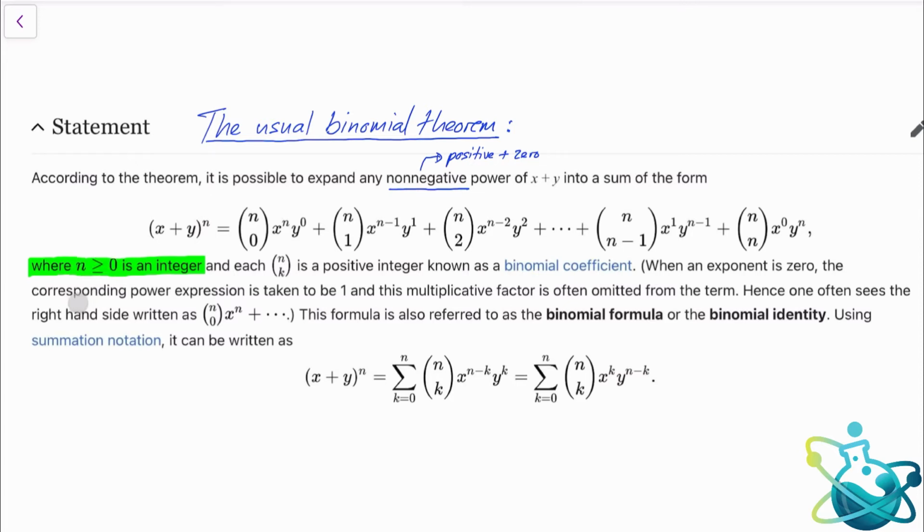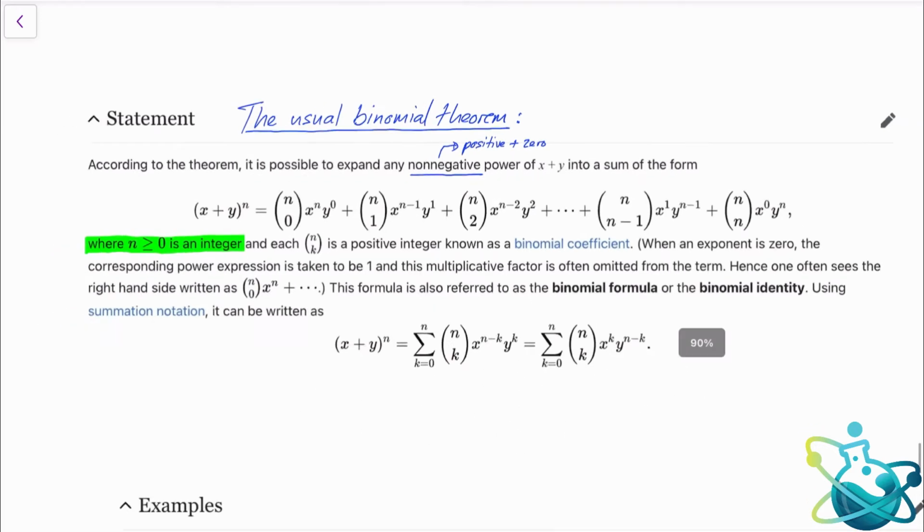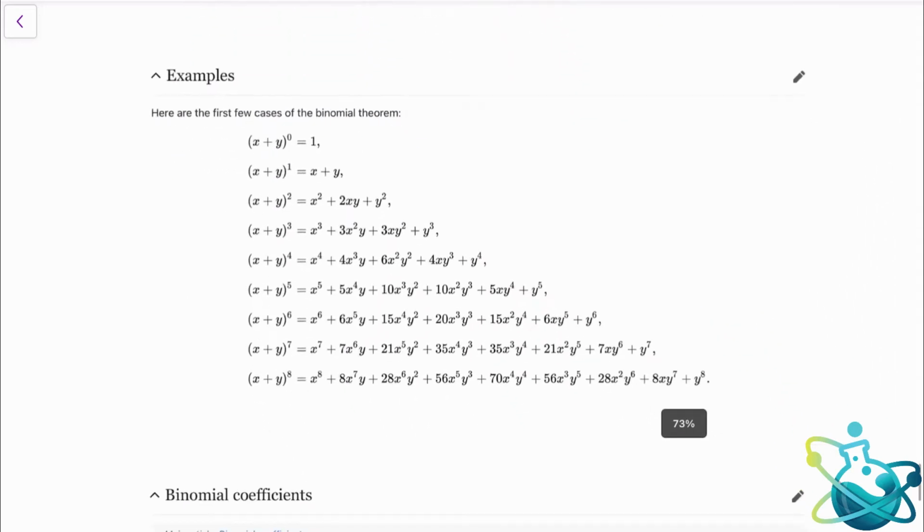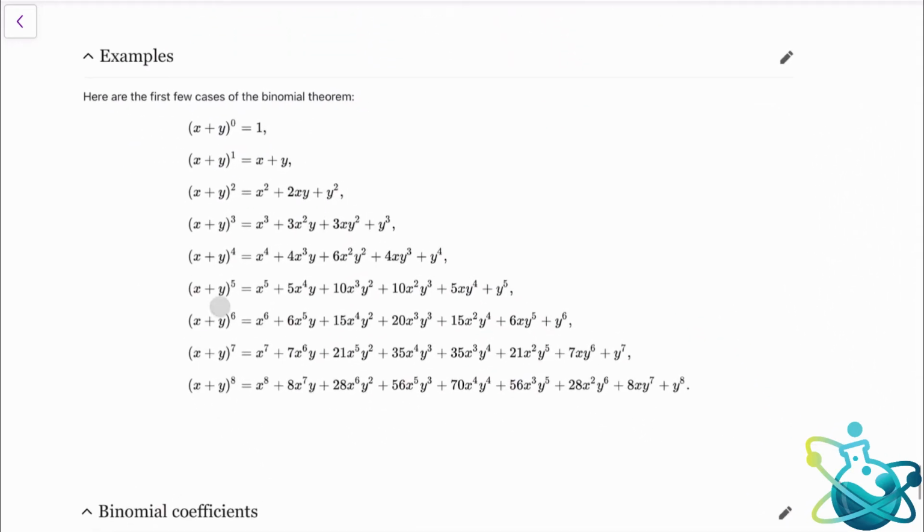The exponent n is bigger than or equal to 0, an integer, and this is called your usual binomial theorem. It gives you these binomial expansions, and every time the terms terminate, they don't go on forever, depending on your n.